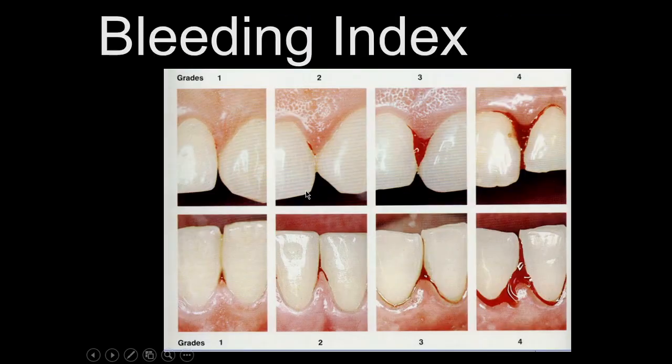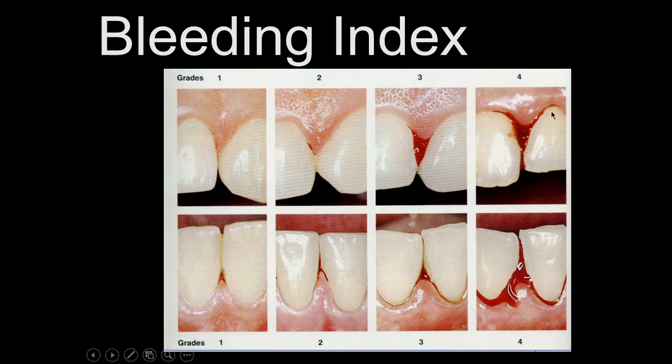So how do we calculate the bleeding index? The bleeding index has 5 grades. Grade number 0 is no bleeding. Grade number 1 is a point of bleeding. Grade number 2 is a line of bleeding. Grade number 3 is a triangle of bleeding.